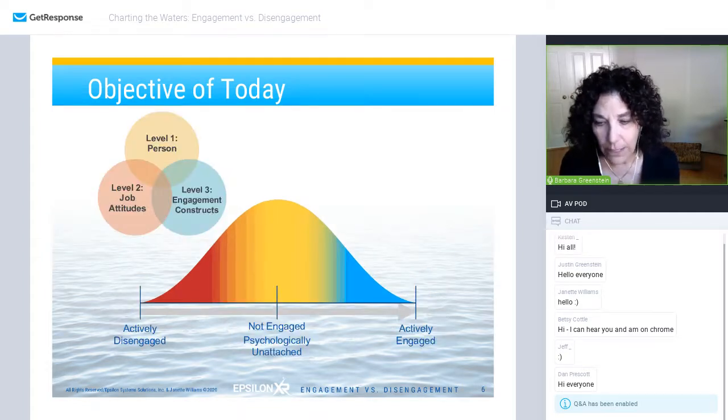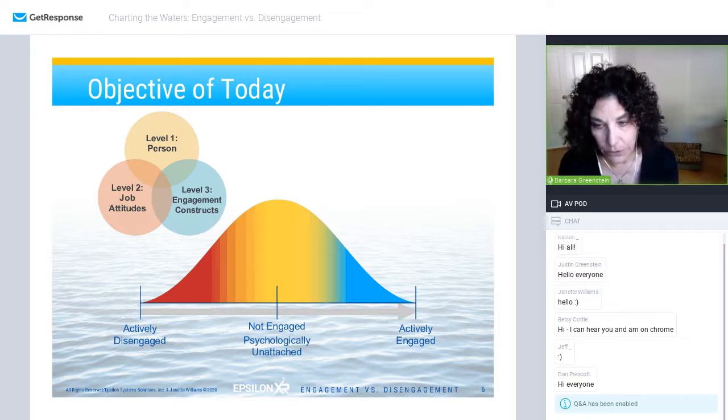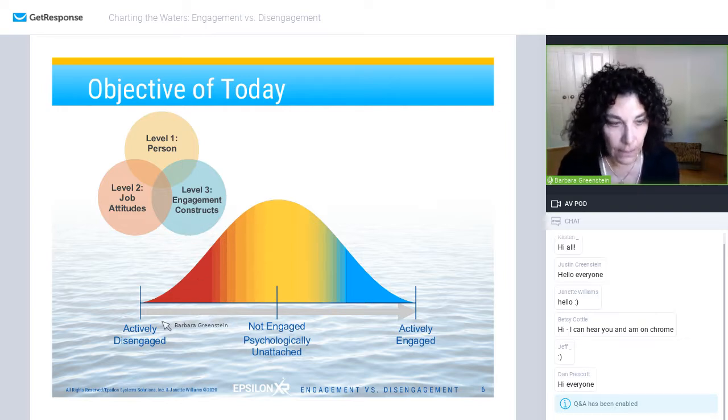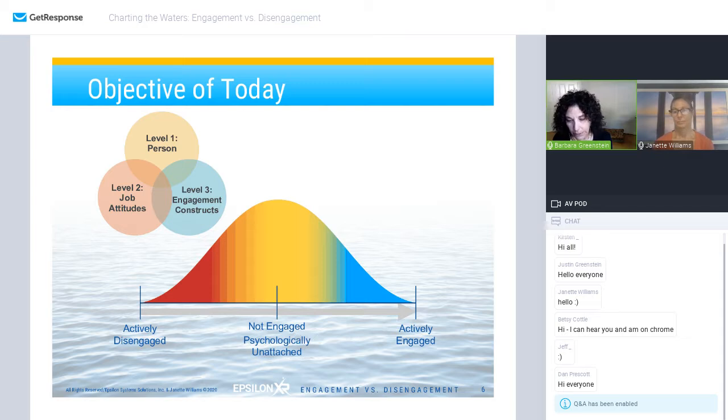Additionally, we want to examine how the 3 levels of engagement, what we talked about in session 1, level 1, the person, level 2, the job attitude, and level 3, the engagement constructs, apply to the 3 types of engagement that we're introducing today: the actively engaged, the actively disengaged, and not engaged, which we call psychologically disengaged, or unattached.